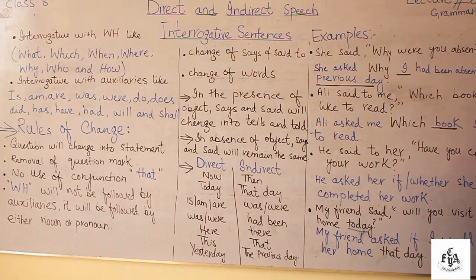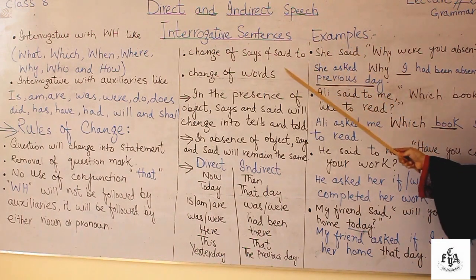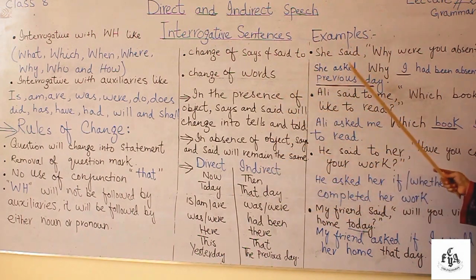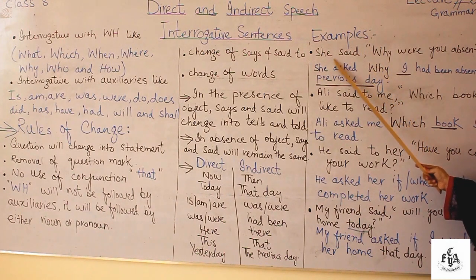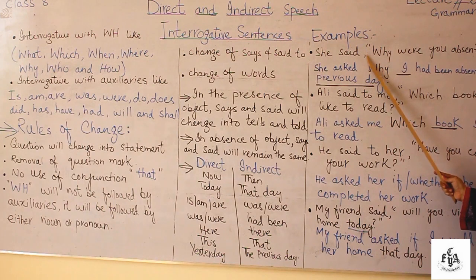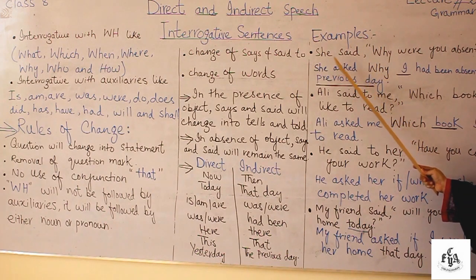Now let me explain that through an example. The example is: she said, why were you absent yesterday? Here we are going to discuss this as well along with it. Now here we are not having any object. This is the reporting speech, and in the reporting speech we only have a subject and a verb.